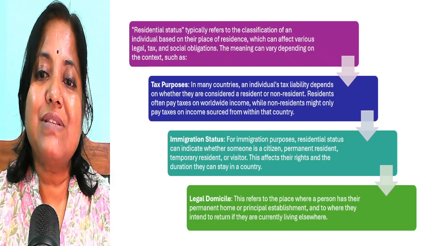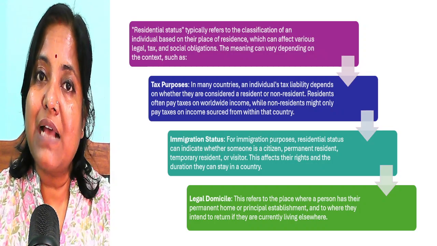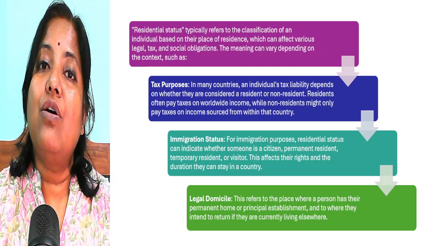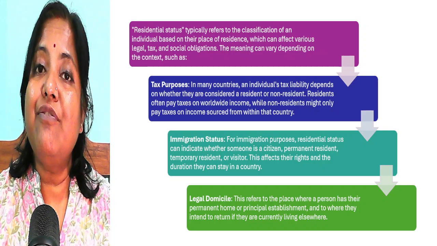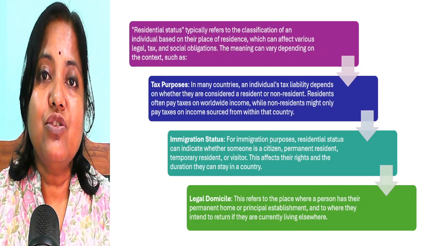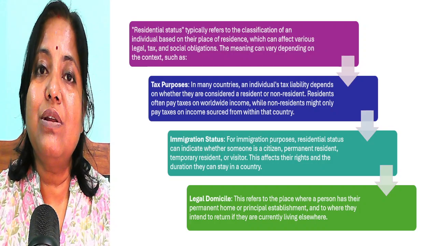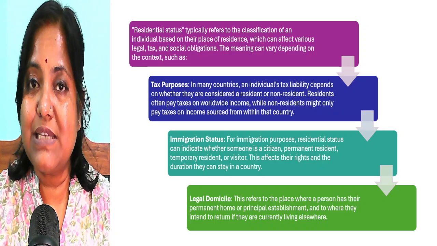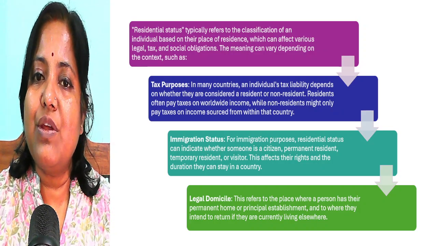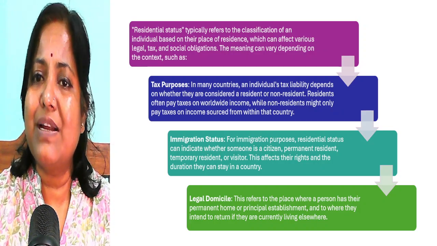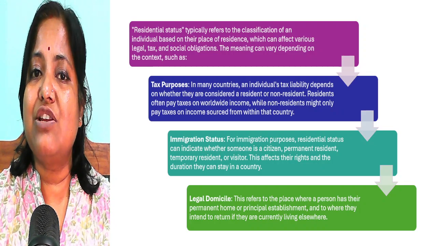At present he is residing somewhere else, but he has a permanent establishment or principal place of business in India, and he has an intention to return. This is the legal domicile. To know the legal domicile, we have to know the residential status of an individual. These are the three criteria for which we want to know the residential status of an individual.